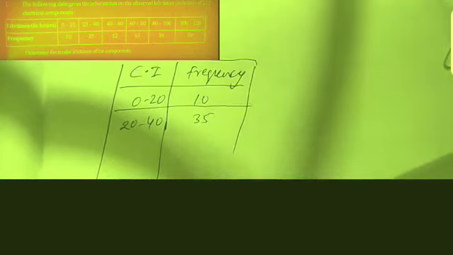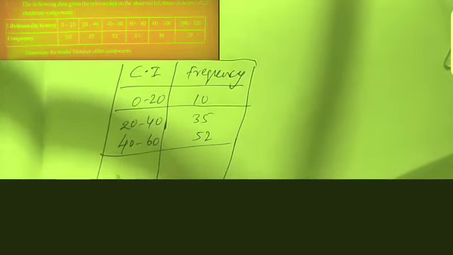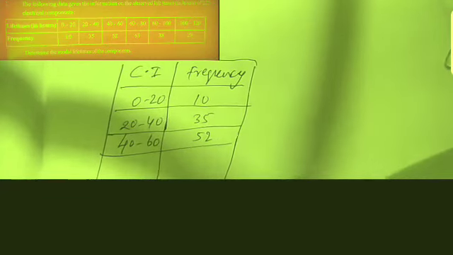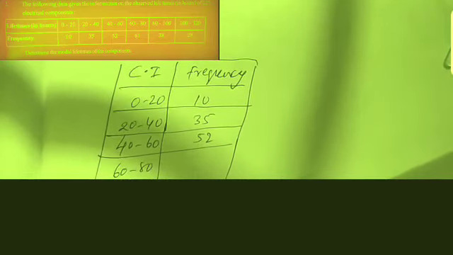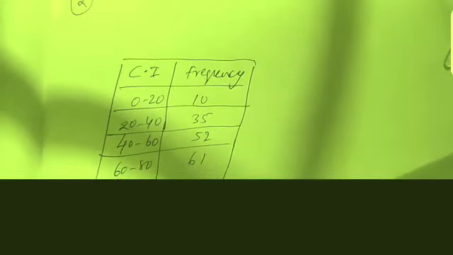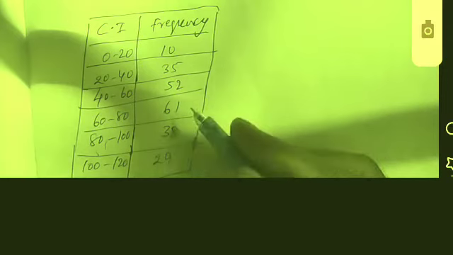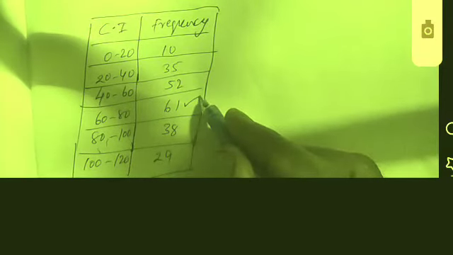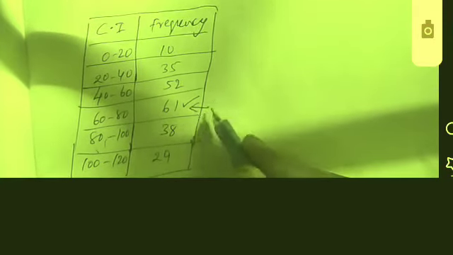I write 2 columns: 0 to 20, 10; 20 to 40, 35; 40 to 60, 52; next 60 to 80, 61; 100 to 120, 29.